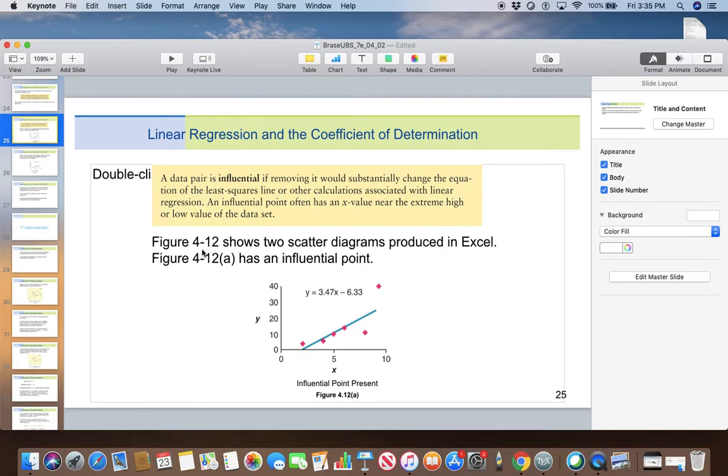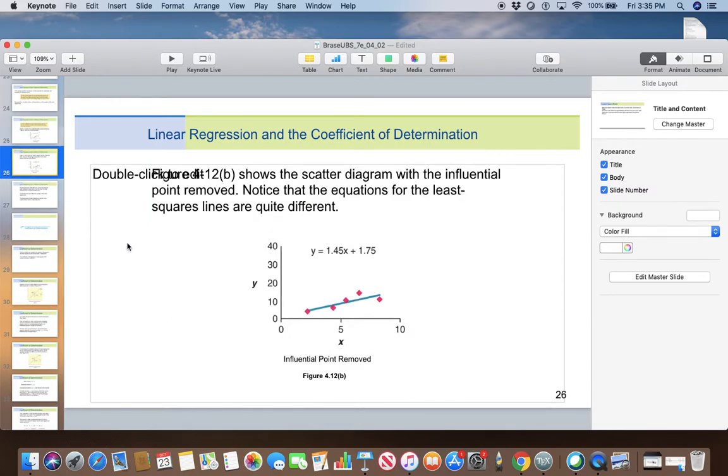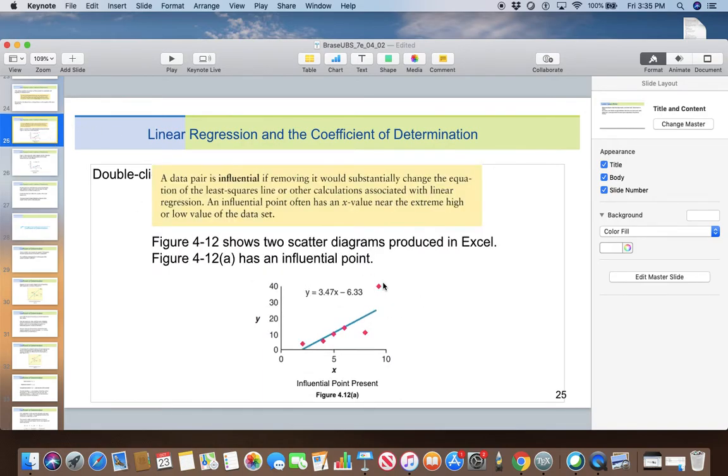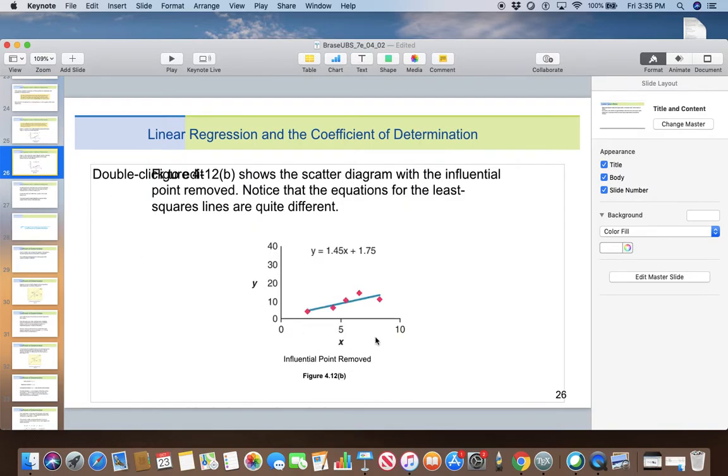So, figure 4.12 shows two scatter diagrams produced in Excel. 12A has an influential point. So this is your 12A initial, and here is with one of the points removed. So that point has been removed, and now the line is slightly flatter.